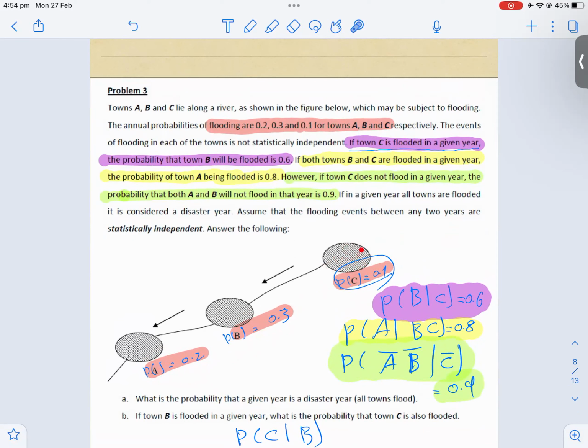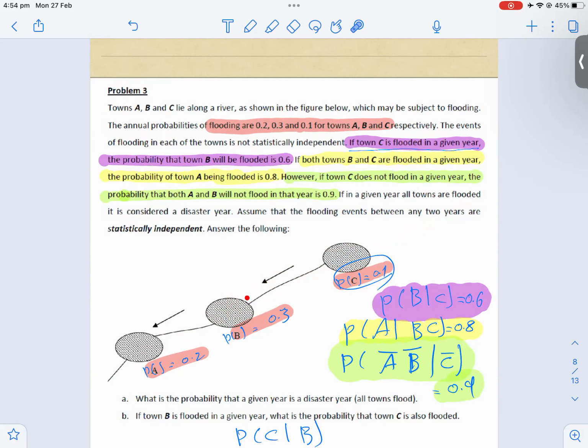Maybe it is C, B, A. So the water comes from the top to the bottom, and definitely the probability of this upper village getting flooded is less. If this city is flooded, then the probability of this second city will be more.